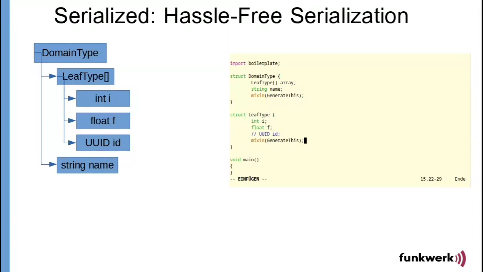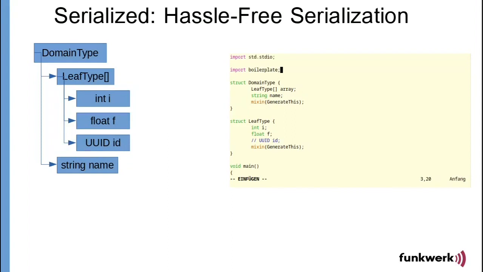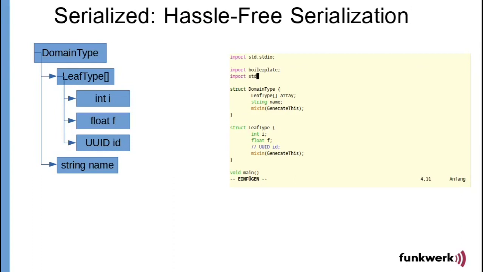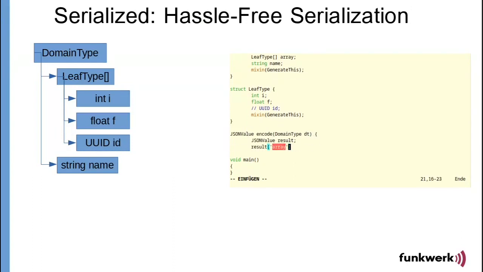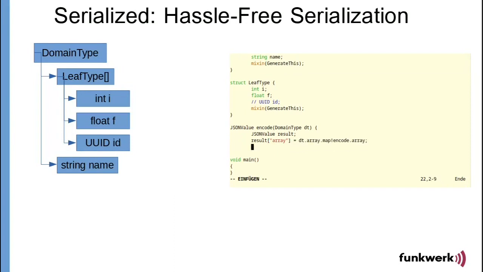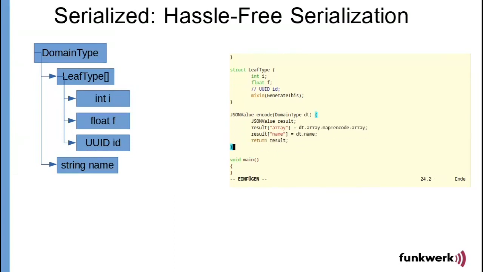Now, the classic way to encode this into a JSON value would be to do something sort of like this, right? And so we're seeing that this is unsatisfactory in a lot of ways.